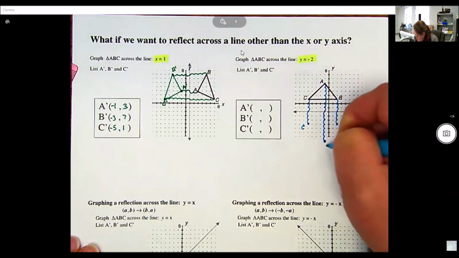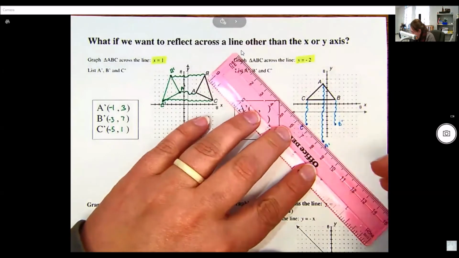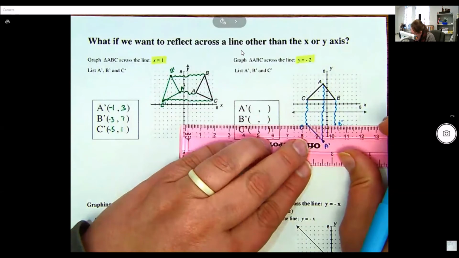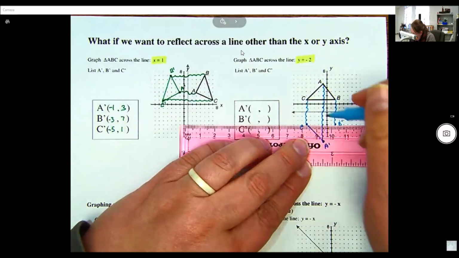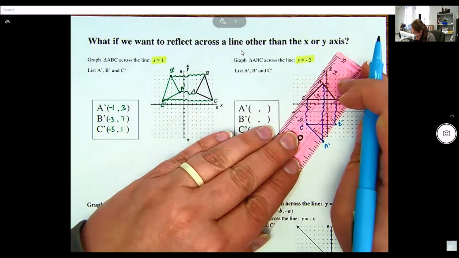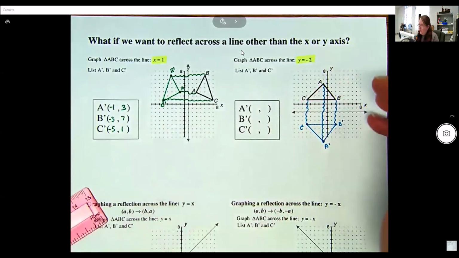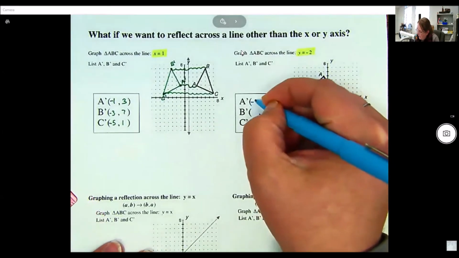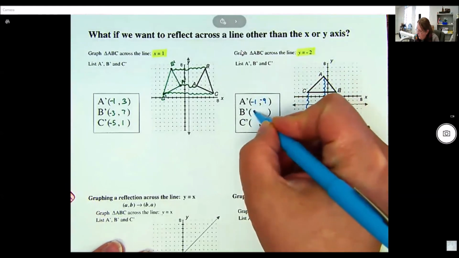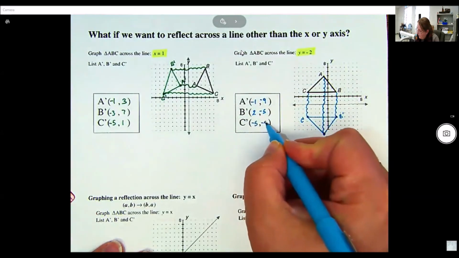So this is where A prime is. And let's fill in those points: -1, -9, then 2, -5, and -5, -5 for C.